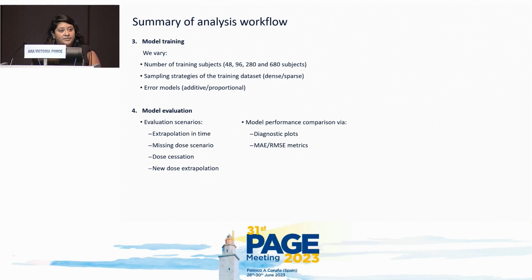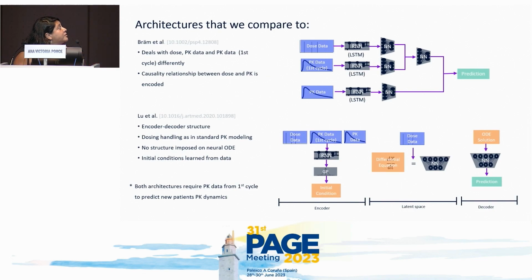So let's look at the different architectures that we consider. First, we consider an architecture that we will refer to as the Bram et al., and the author is present in this conference, so if you have any questions, please let him know. In this architecture, they deal with the PK data and the PK data from the first cycle differently.